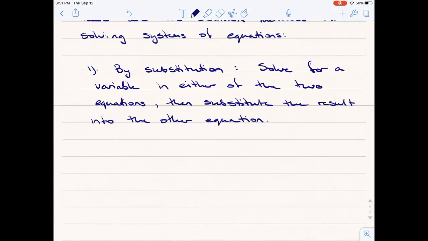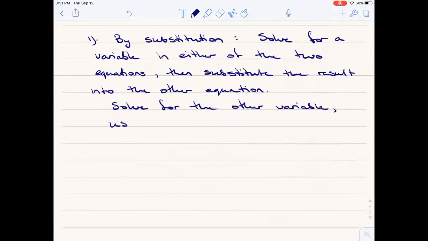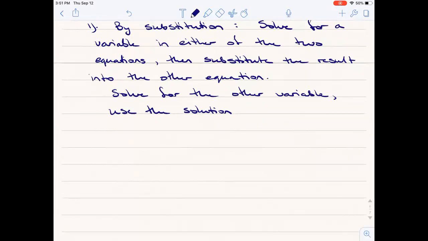Solve for the other variable. And then use the solution to solve for the first variable. I'll get all this writing out of the way first.